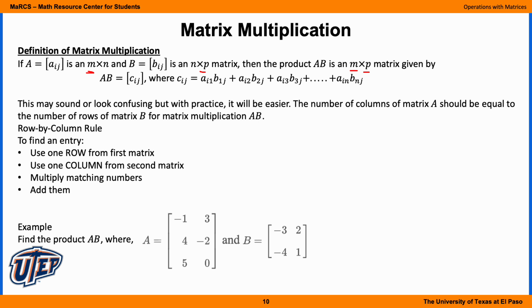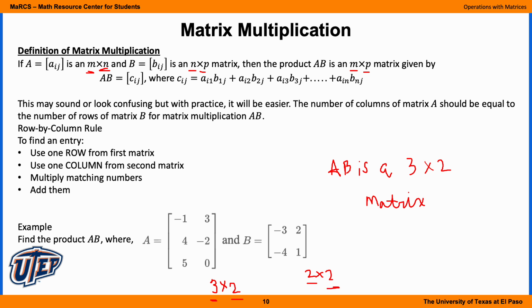An important thing to note is that the number of columns from matrix A should be equal to the number of rows from matrix B. So for our example here, we have a 3 by 2 matrix for A, and for B, we have a 2 by 2 matrix, and we see that the columns from A match the rows from B, so that means we can multiply, and our matrix AB will be a 3 by 2 matrix because we are using the rows from A and the columns from B.